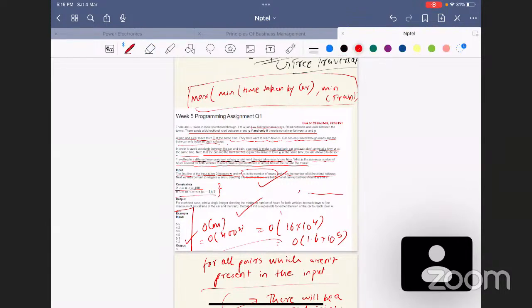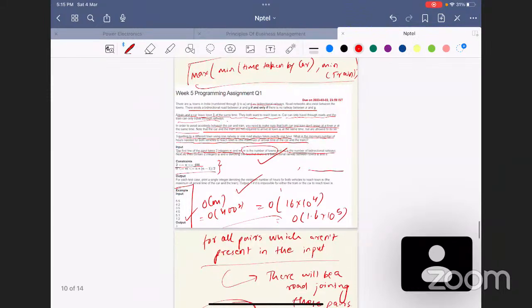Mihir, would you like to try? Okay, so he's not. Just reply in the chat, Mihir, if you know the solution or you just want to try. We have to run the algorithm only once.